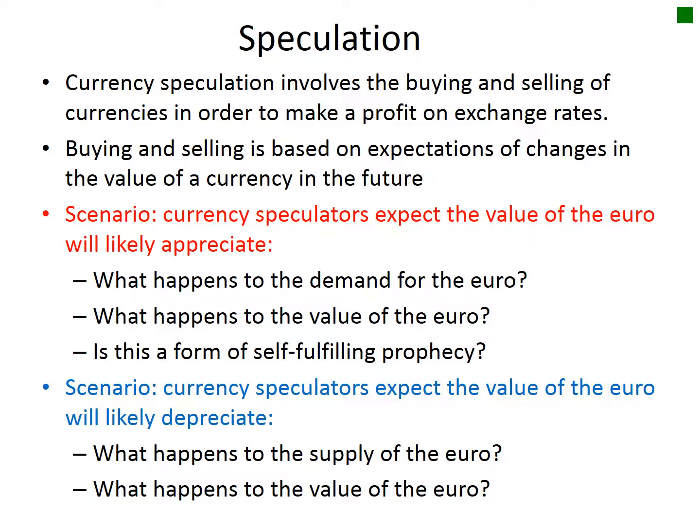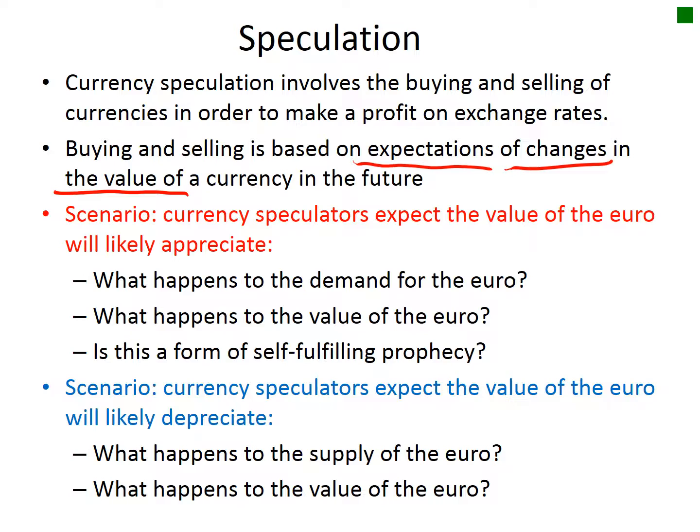Speculation. This is a big one that really affects the value of currency. Currency speculation involves the buying and selling of currencies in order to make a profit on exchange rates. Buying and selling is based on expectations of changes in the value of a currency in the future. So let's say that currency speculators expect the value of the euro will likely appreciate.